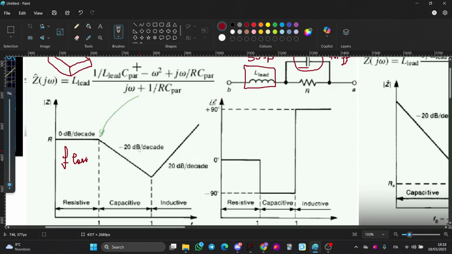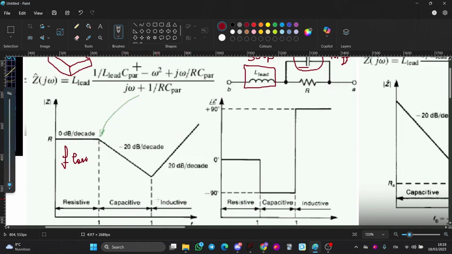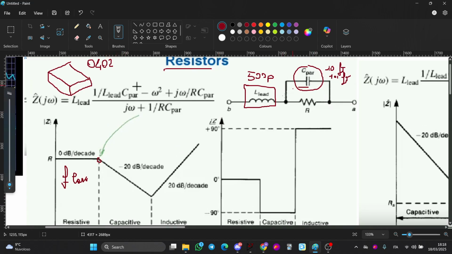And so basically what happens is that when you increase the frequency, you start to be in the capacitive inductive region. And so the first pole that you meet is given by the parallel capacitor, the parasitic capacitor, that one here.